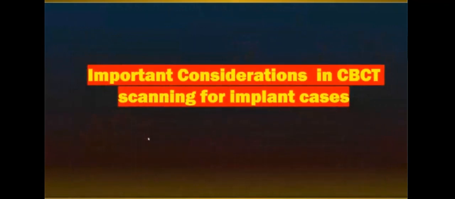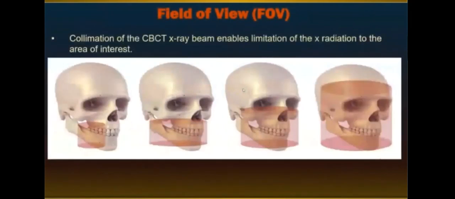There are some important considerations during CBCT scanning. The first point to be considered is the field of view to be used during scanning of the patient. There are a lot of fields of view to choose from. Actually, what raises or drops the price of any CBCT machine is the field of view.